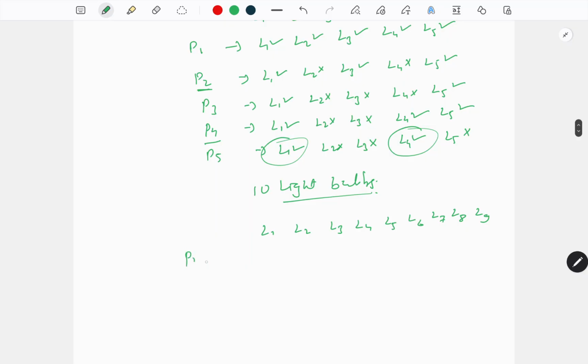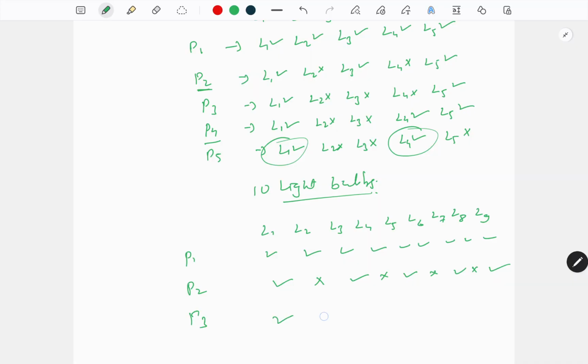Now P1 comes and turns on all the light bulbs. P2 comes and turns off the even-numbered light bulbs, and the remaining ones stay on.